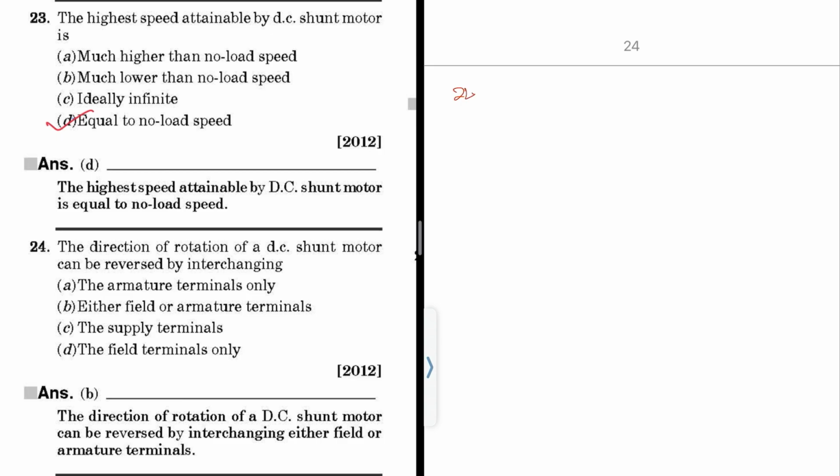Coming to 24, the direction of rotation of the DC shunt motor can be reversed. Let me take a DC shunt motor, and this is the supply. We want to change the direction of rotation of the shunt motor.